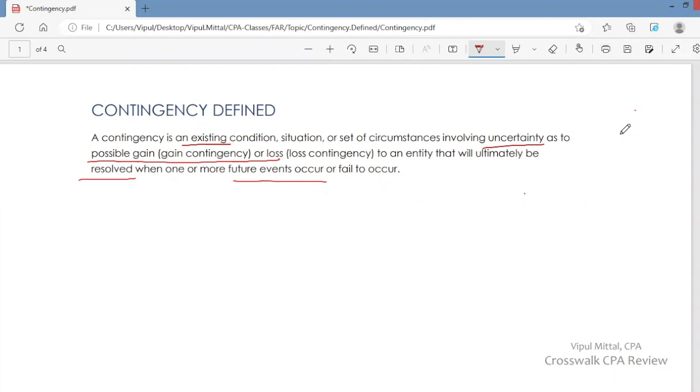For example, you sell a product to customer A, and the product is faulty. Because the product is faulty, customer A files a lawsuit against you.